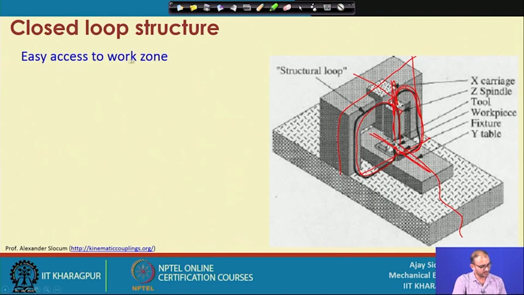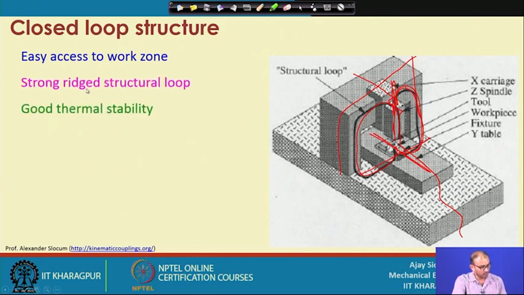There is easy access to the work zone, because now you have a large area here and you can easily access most of the things here, and a strong and rigid structural loop. Here we have this structural loop, it is very strong, because it is supporting from both sides, and the workpiece is actually at the center. So, it should not create any problem, and there is very good thermal stability, because we know that each and every material has some thermal expansion coefficient.